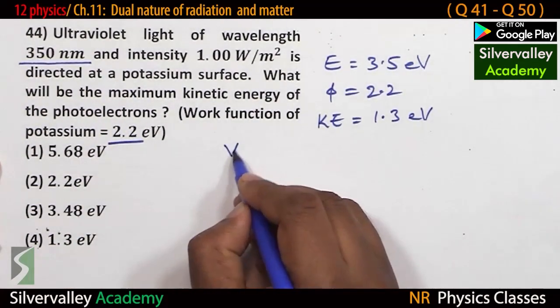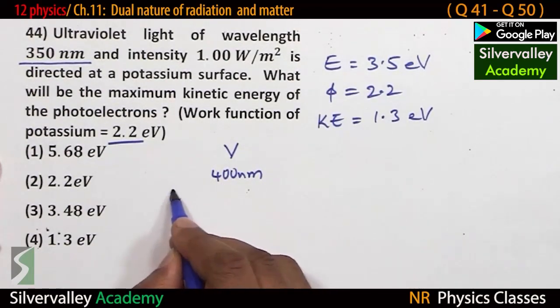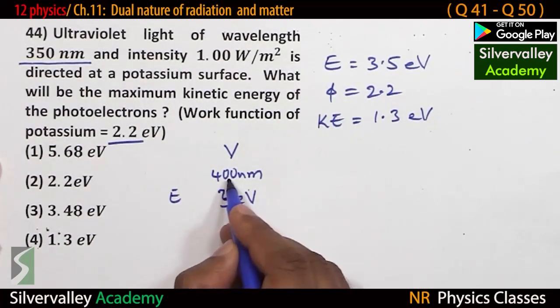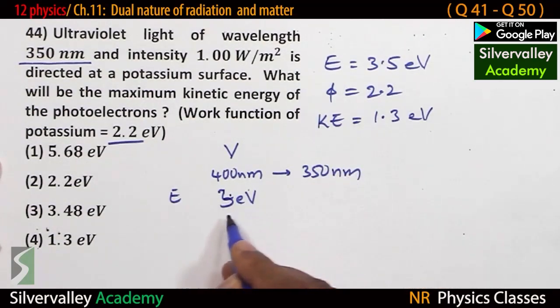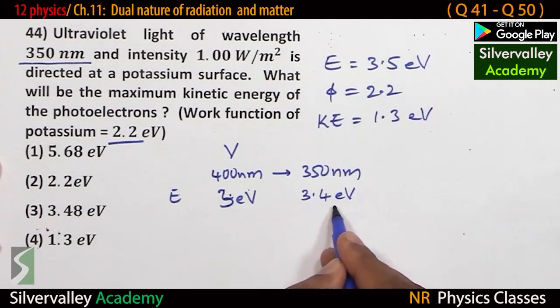Recall, for violet 400 nanometer, energy is 3 eV. If this wavelength is reduced to 350 nanometer, then this energy should increase. So let us increase this slightly. You can increase this to 3.4 eV, doesn't matter.